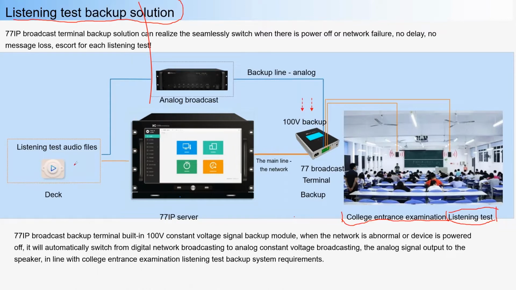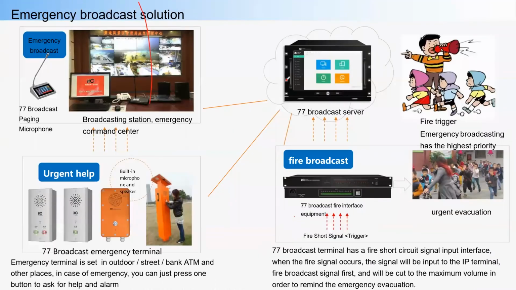It's like this: the listening test audio file will be played on the server, transmitted by the network to the terminal, and at the end comes to the speaker. But what if the network shuts down or has some problem? So we have added an analog audio broadcast as a backup line. Once the network is shut down, this analog broadcast will come up, to ensure the test keeps running.